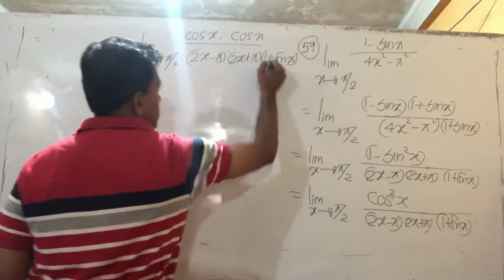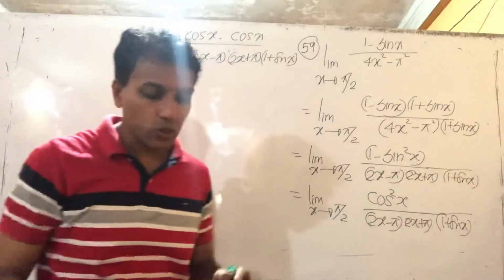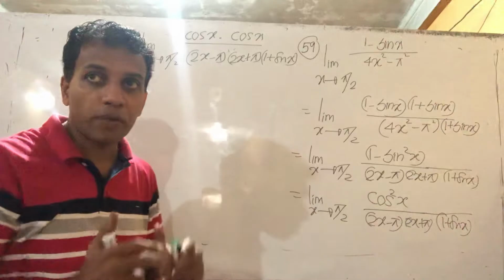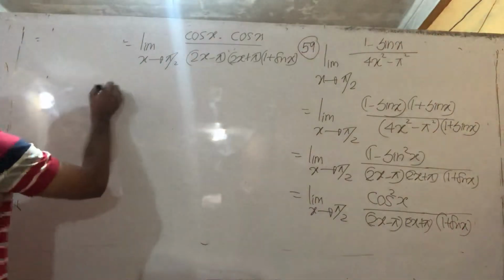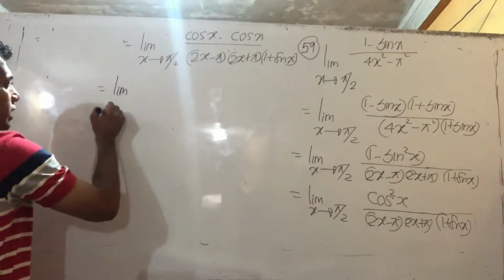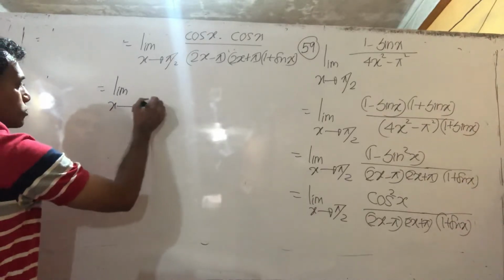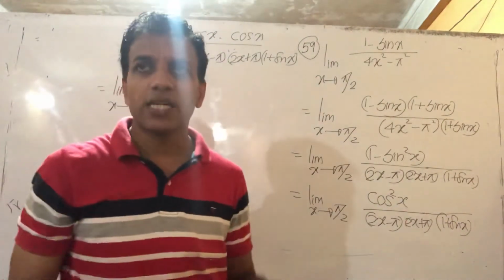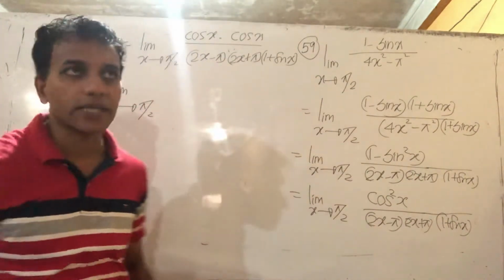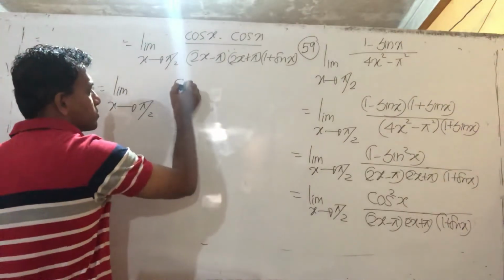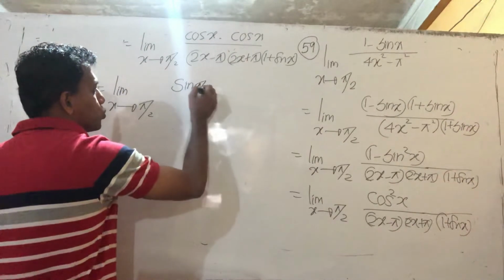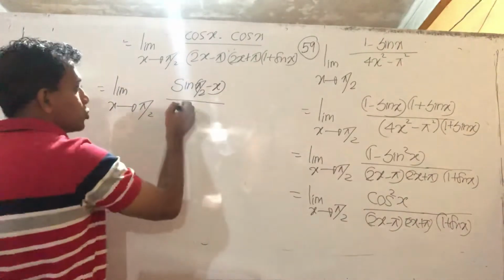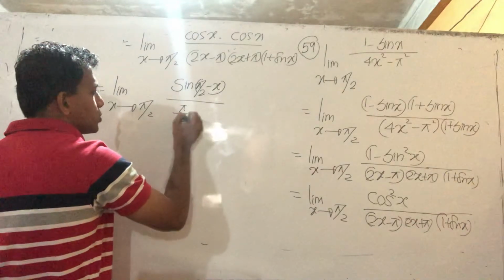So why I mentioned cos square is cos x into cos x: now I am going to change it by trigonometric theory. Limit, see that, limit x tends to pi by 2. Can I write this one cos x? What is cos theta? Sine of 90 minus theta, right? Sine of pi by 2 minus x. Then over, you need the pi by 2 minus x, pi by 2 minus x.